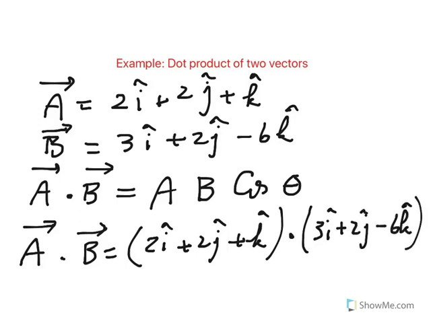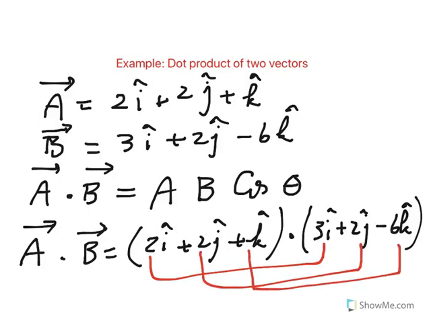You remember from the other lesson that when we do dot product, i dot i is 1, j dot j is 1, k dot k is 1, and i dot j is 0, j dot k is 0. So basically all you have to do is multiply 2 by 3, 2 by 2, and 1 by negative 6, and that would be the outcome of the dot product.